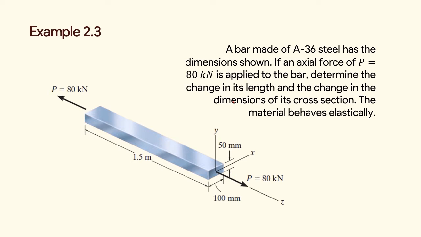You have applied a tensile axial force of 80 kilonewtons to this bar. We have to determine the change in the length of the bar and the change in its width and thickness.